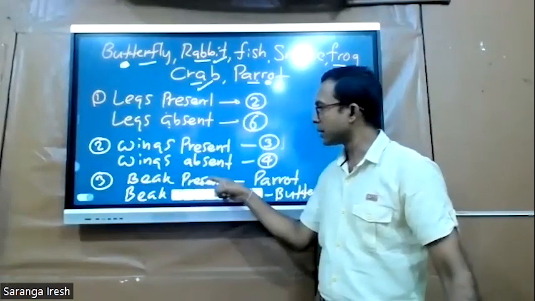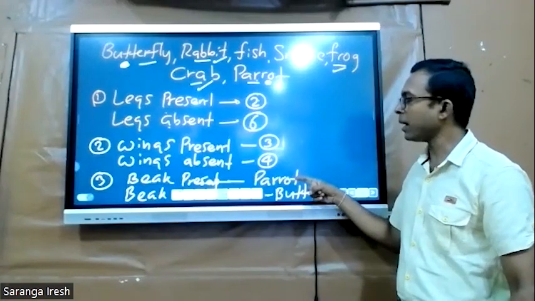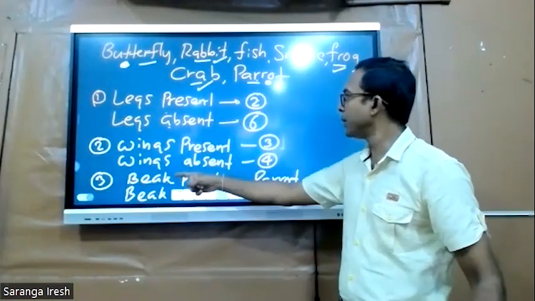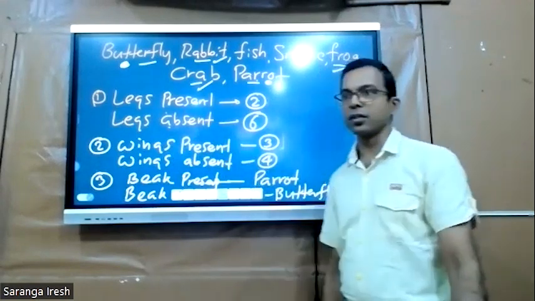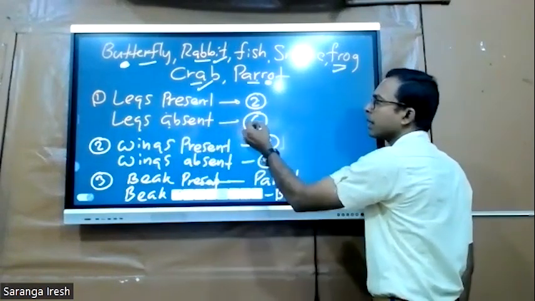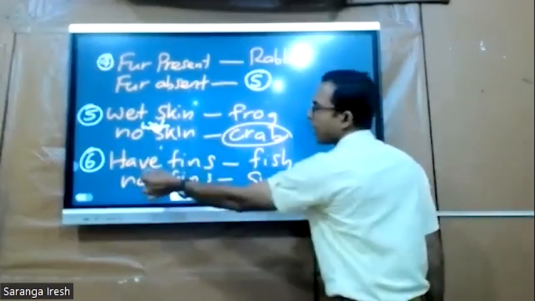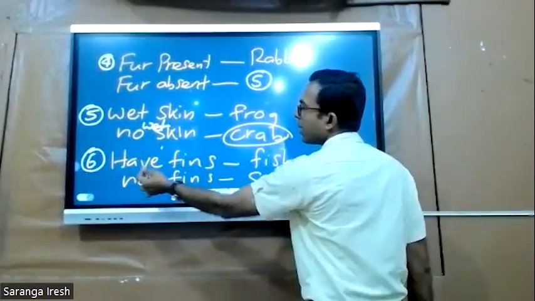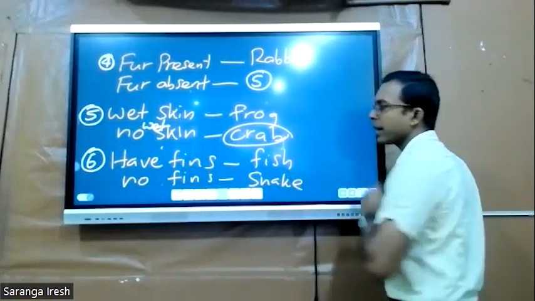And the beak present: parrot is the organism with the beak, with wings and with legs. And legs absent is classified under number 6. Here, legs absent is classified by fins and without fins. Fish and snake were classified.